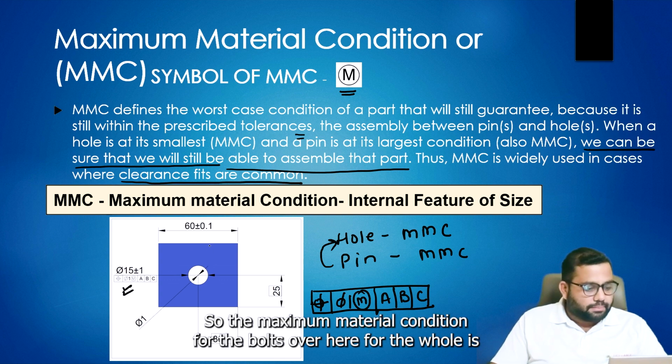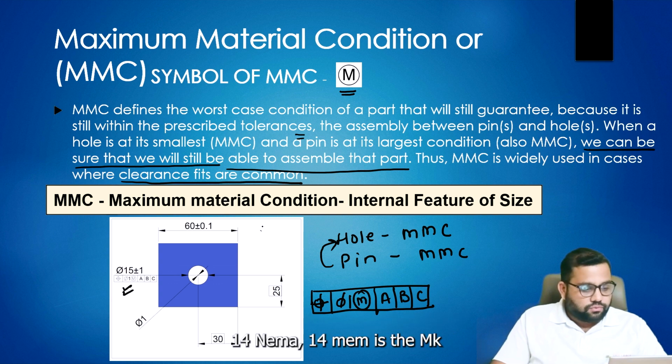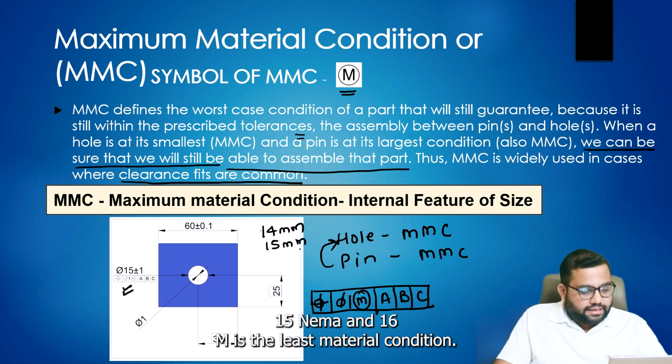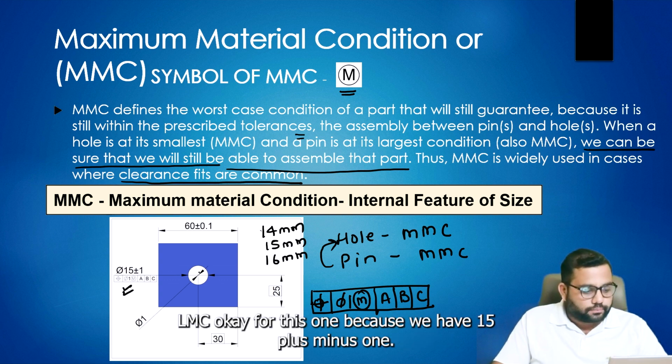The maximum material condition for the hole is 14 mm. 14 mm is the MMC, and 16 mm is the least material condition, LMC, for this hole, because we have 15 plus minus 1.